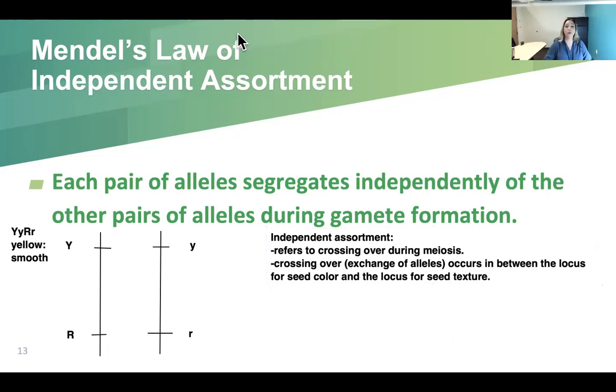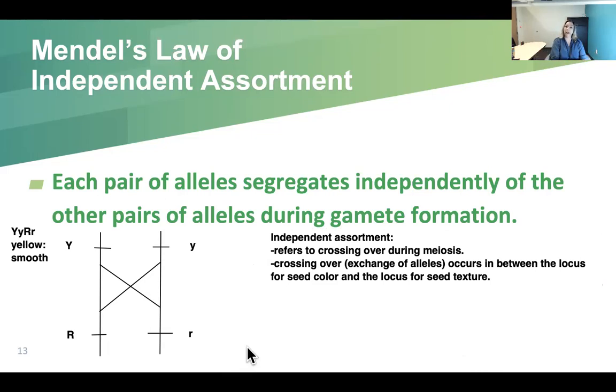So here we have our homologous chromosomes. They're going through meiosis. So crossing over could occur right here to give a novel combination of alleles. And what this means is capital Y and capital R do not have to stay together on the chromosome. Little y and little r do not have to stay together on the chromosome.